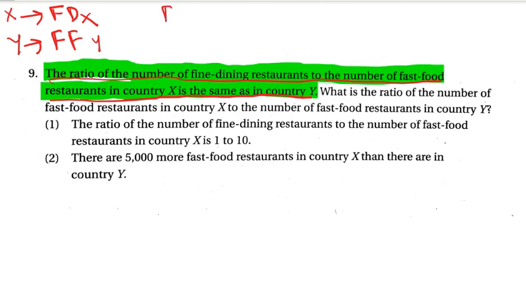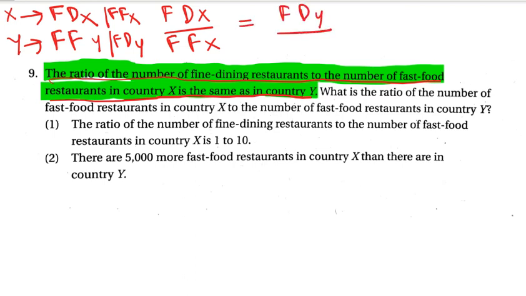So fine dining of X by fast food of X. Of course, fast food of X will be FF of X, and fine dining of Y will be equal to FD of Y by FF of Y.